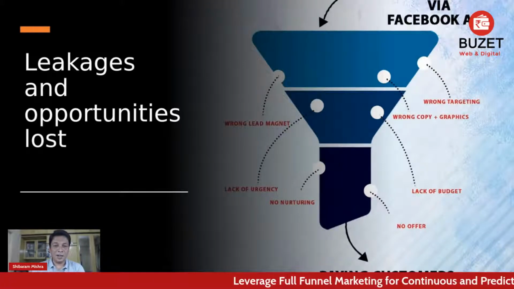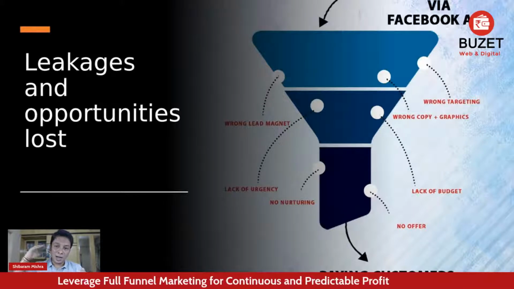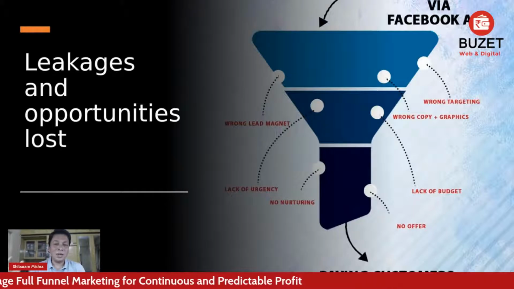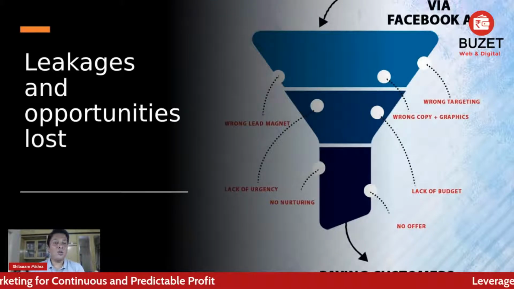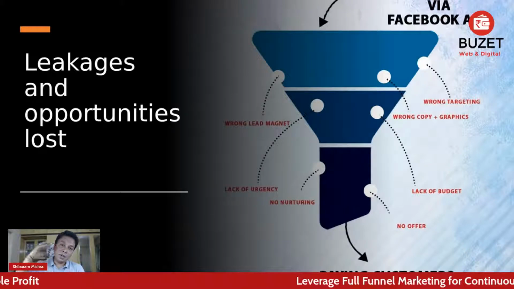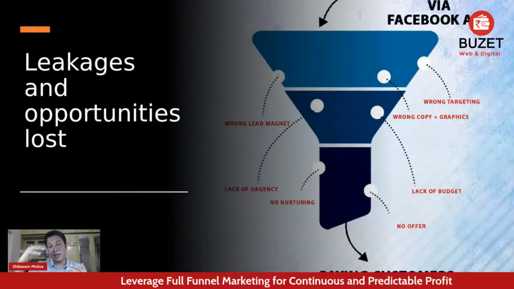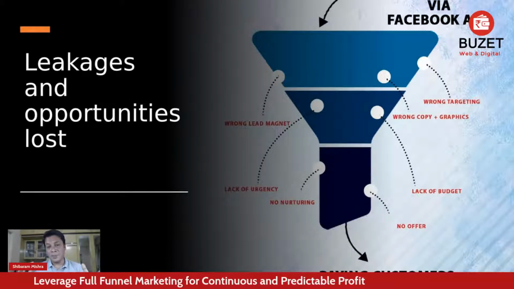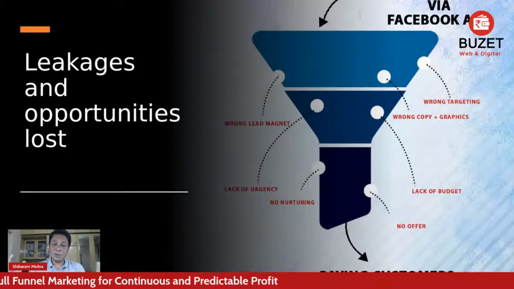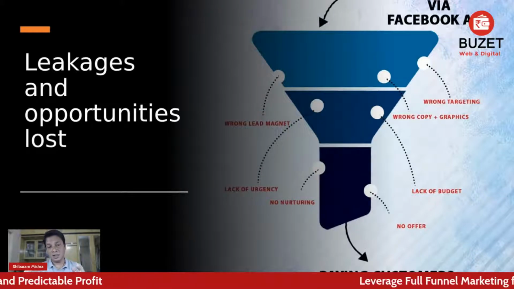If you are showing a very weak lead magnet to a highly qualified audience, they will not be delighted to even download your PDF, right? It's peanuts for them. Or if you're giving a case study to a person who is not that deep in their buyer's journey, then that person will not be interested. It will be like rocket science to them. At different levels, there are different leakages and different opportunity loss.